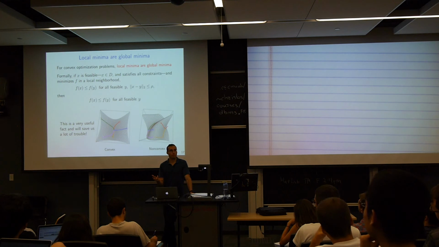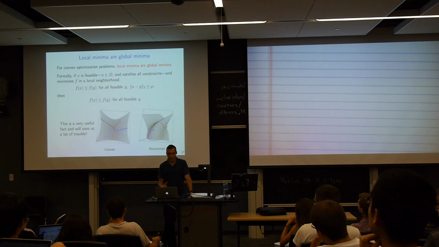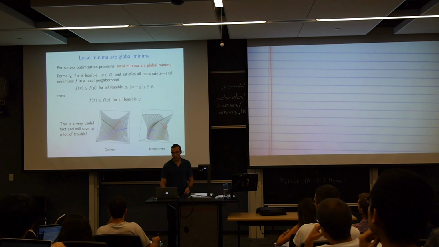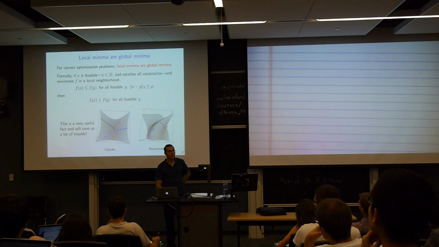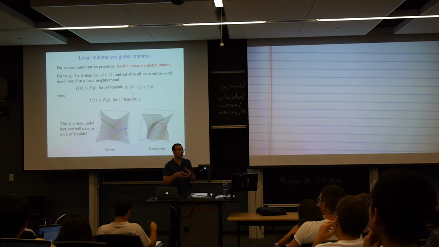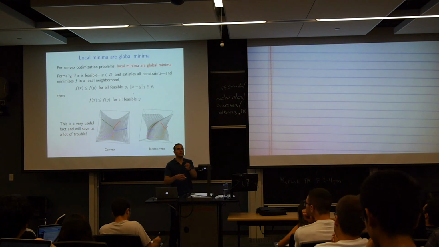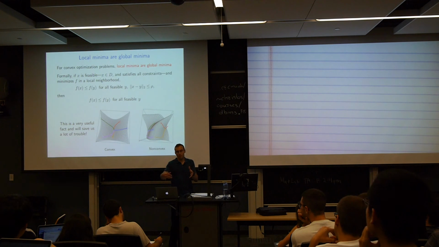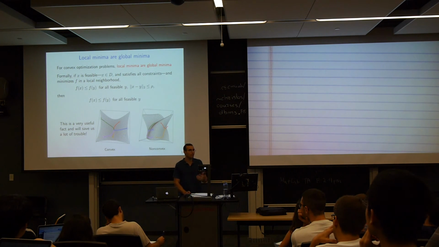And we're going to say that it's locally optimal if it's feasible, and it minimizes f in a local neighborhood, which means that if we look at the value of f at some other point y, where y is feasible and y is in an L2 ball around x of radius rho, so we make a ball around x and look at all feasible points in that ball, if f of x is smaller than or equal to f of y for all such points y, then x is called locally optimal. Meets our definition intuitively.